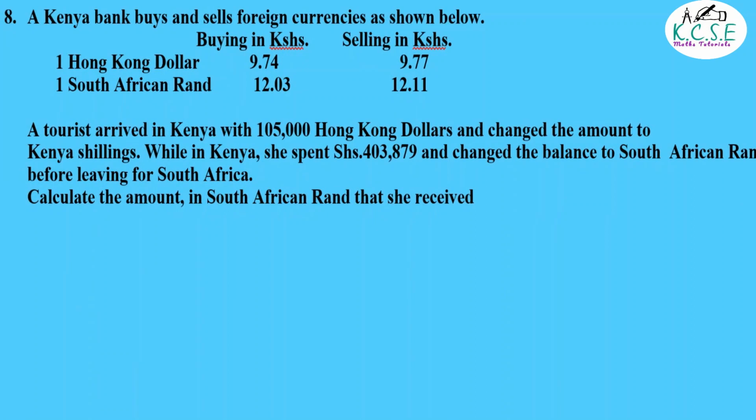So what you're going to do now, you're going to start by converting 105,000 Hong Kong dollars to Kenyan shillings. So according to this table, 1 Hong Kong dollar, the Kenyan bank will buy these, buys at Kenyan shillings 9.74.